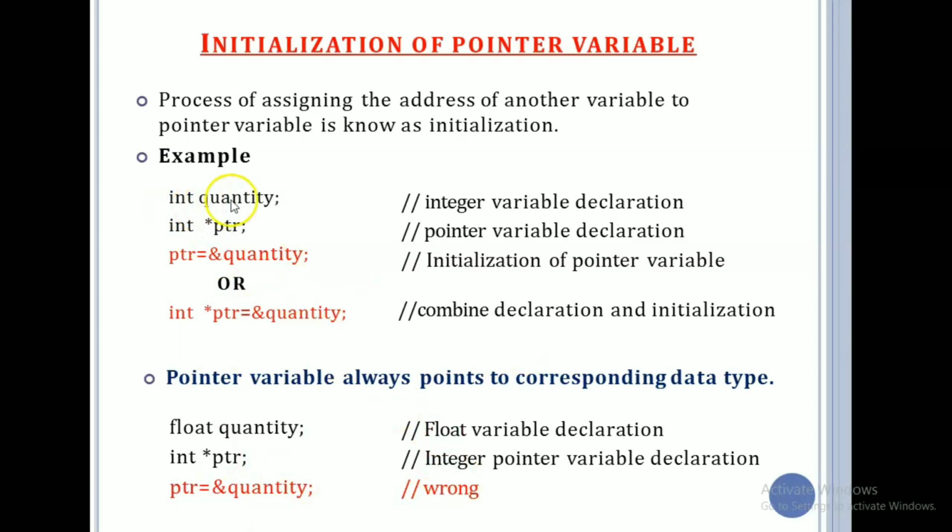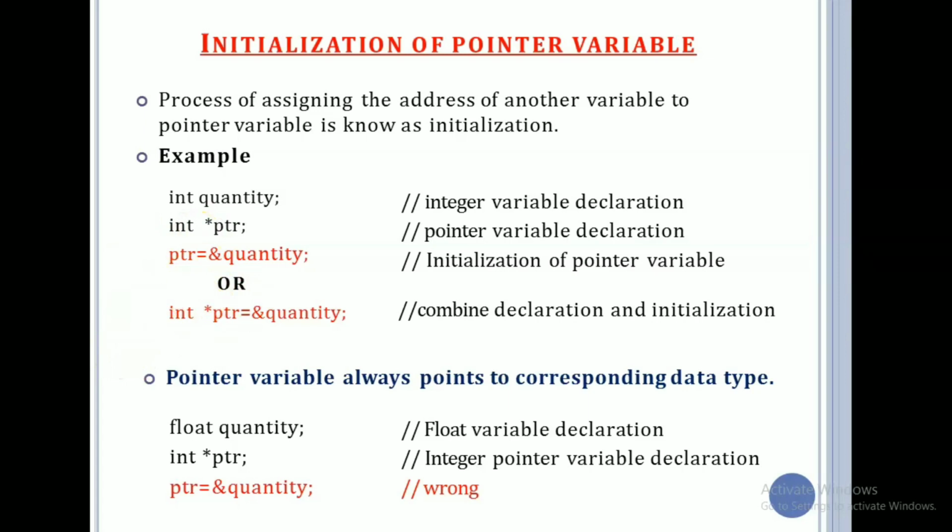You can observe I have declared one variable of type integer whose name is quantity. Second, I have declared one pointer variable of data type integer. Now this is just a declaration, as we have already discussed. Now we need to think about how to initialize this pointer variable, that means how to assign the address of variable quantity to this pointer variable.